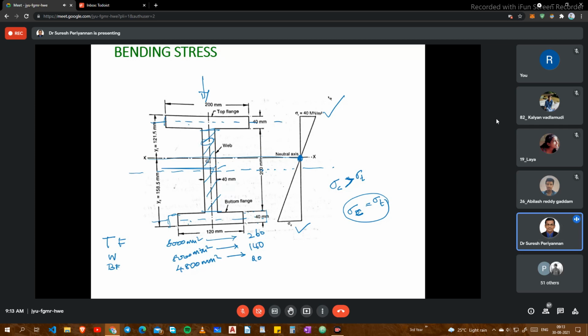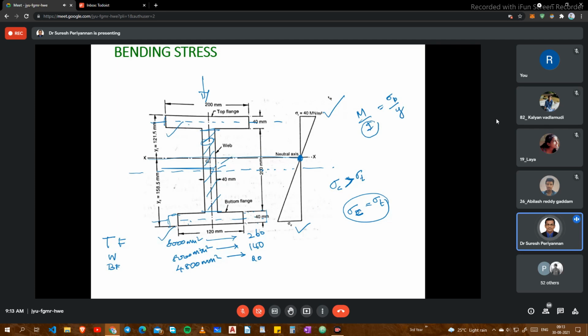This information will be required when we are going to find out our bending stress. I mean bending stress: M by I is equal to sigma by Y. Now, I here is a complex structure. It is not a uniform structure, because here there is one web, here one flange, here a web.